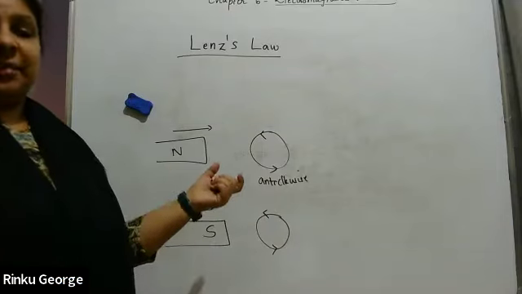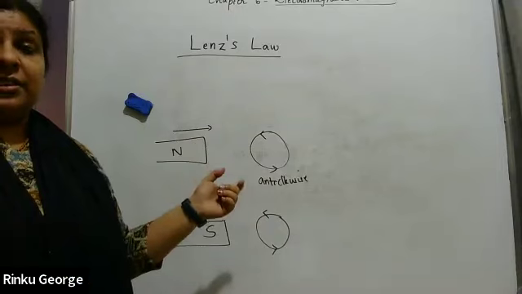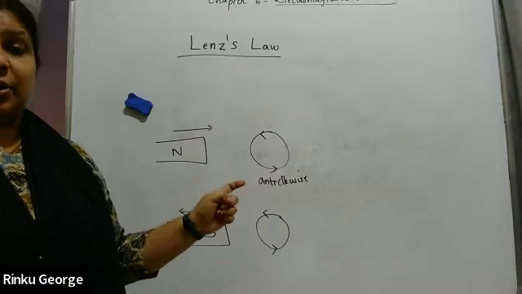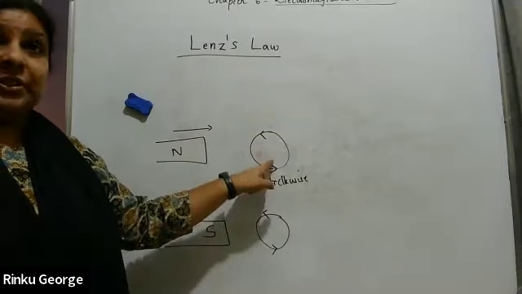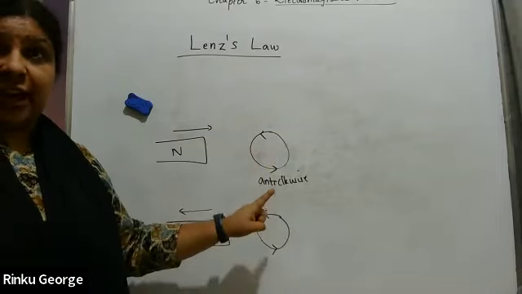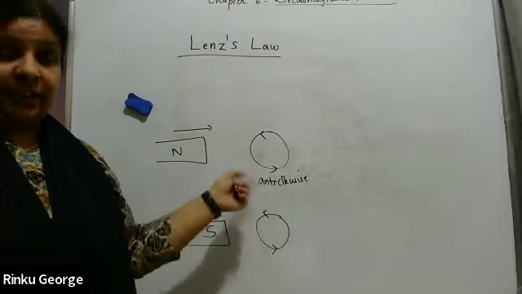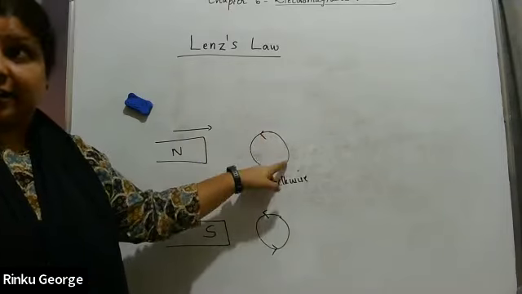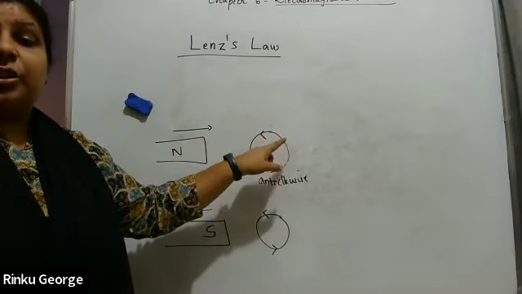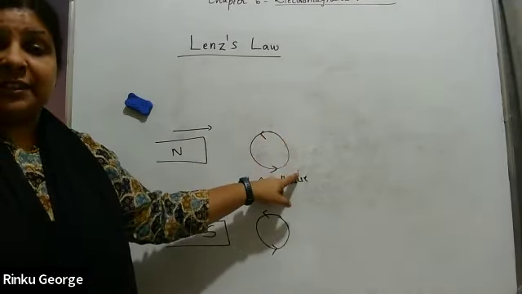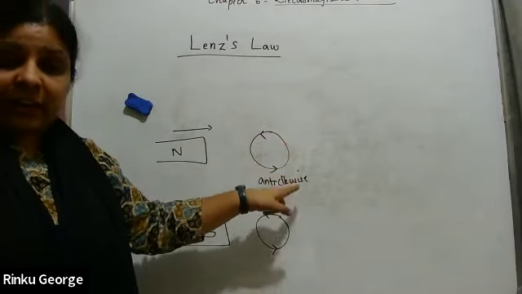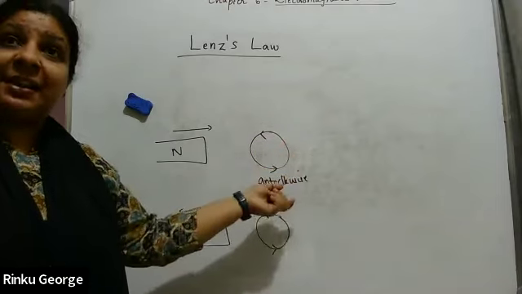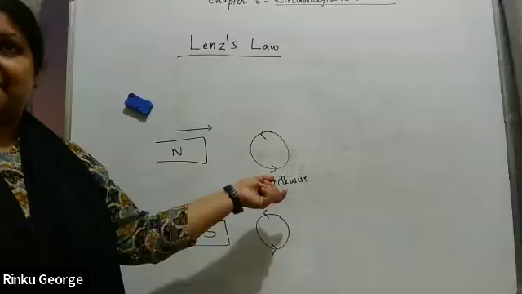So let us read the statement for Lenz's law. According to this law, the polarity of induced EMF is such that it produces a current. So EMF is induced and it produces a current which opposes the change in magnetic flux which produces it.